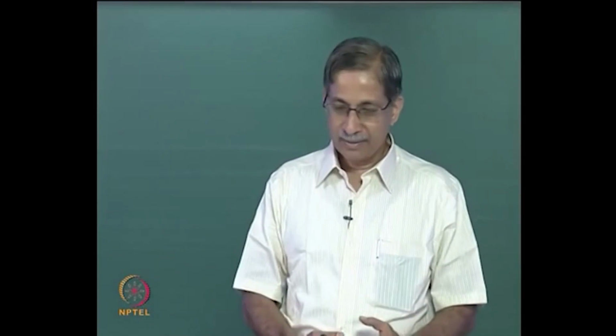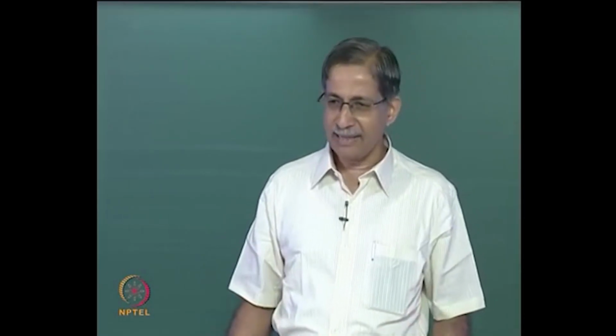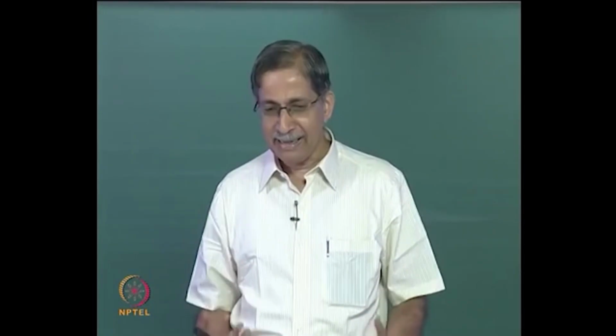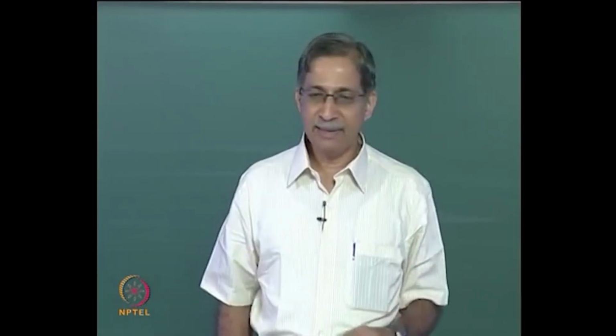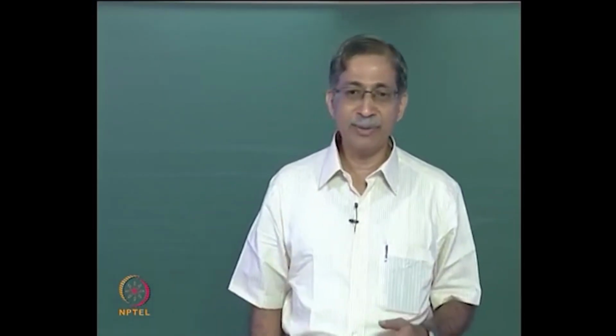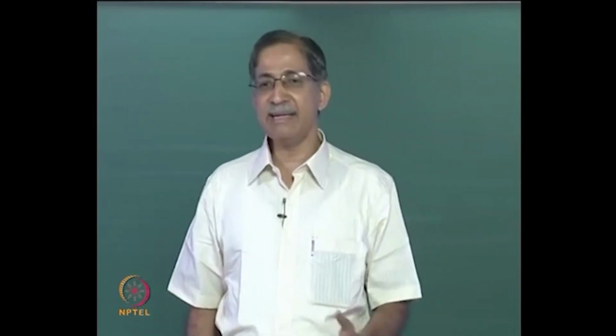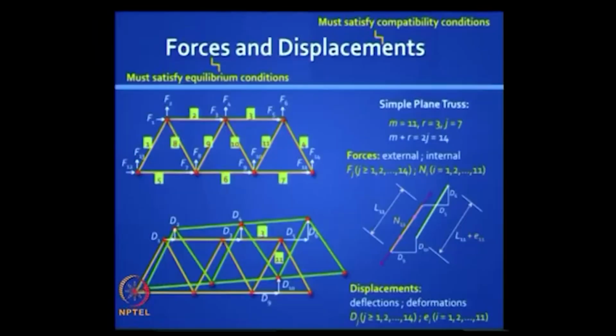And structural analysis is all about getting a good grasp of these, knowing what is happening in your force field, knowing what is happening in your displacement field, and defining the laws that relate these fields. Once you have got a good big picture understanding, you can program everything, the computer will handle everything for you. We are lucky we are dealing with linear analysis, so the transformations are all linear, there is absolutely no problem.